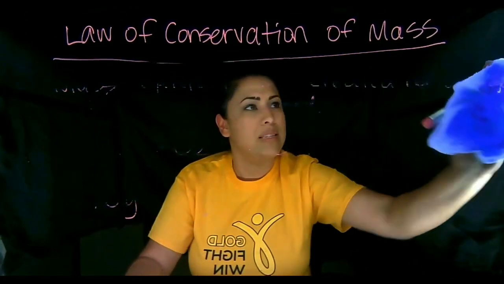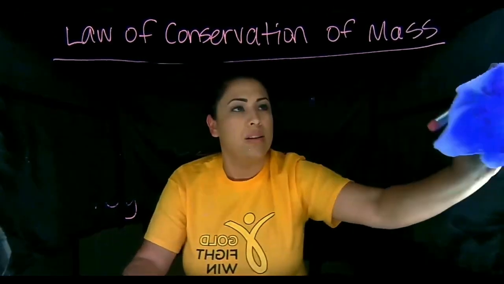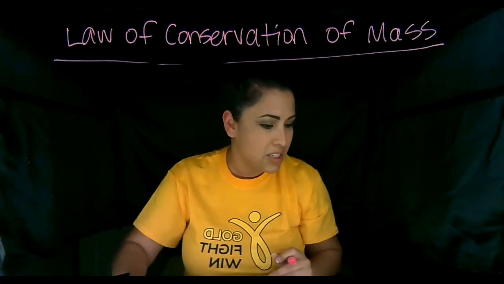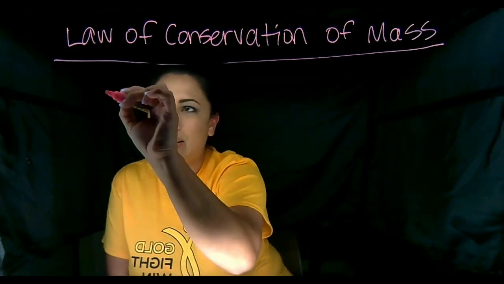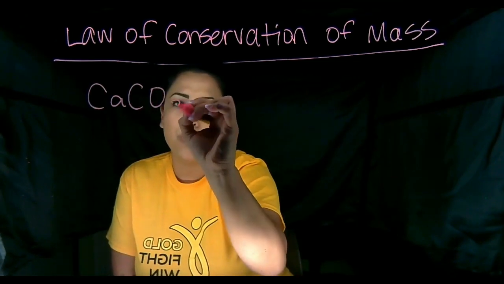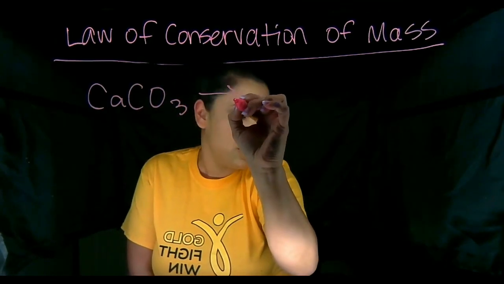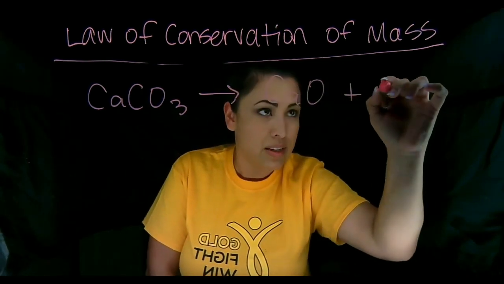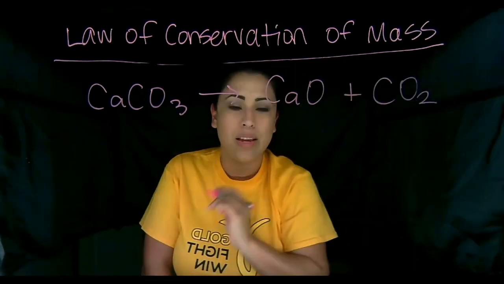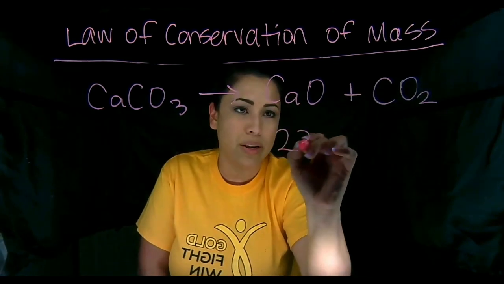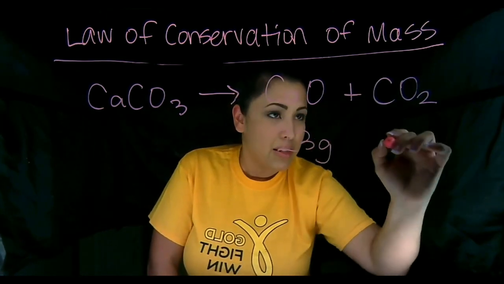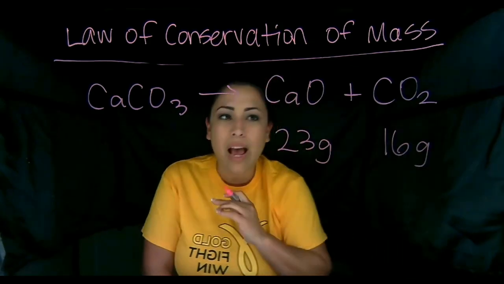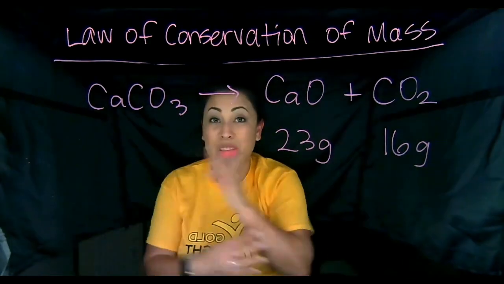We'll go ahead and erase this as well. Okay, so if we have CaCO3 yields CaO plus CO2. Now, if we have 23 here and 16 here, this looks a little bit different, but it's just flipped, right?